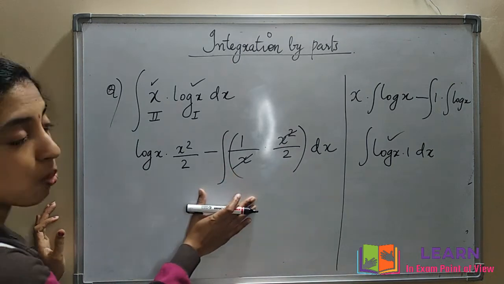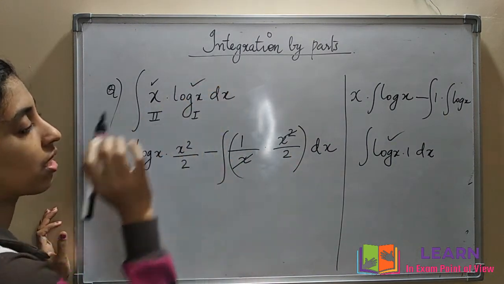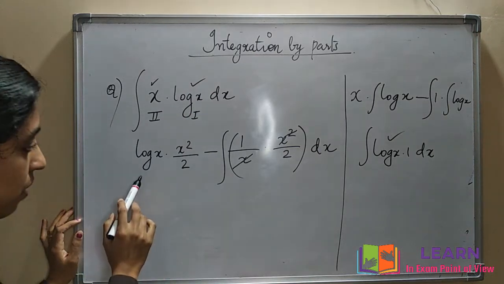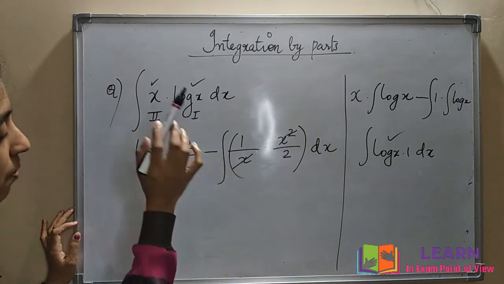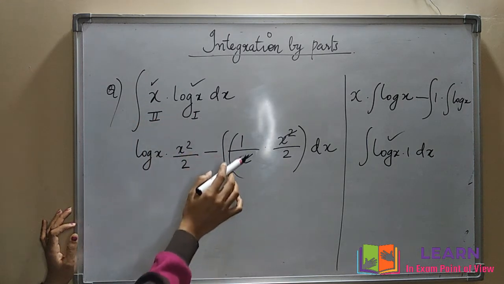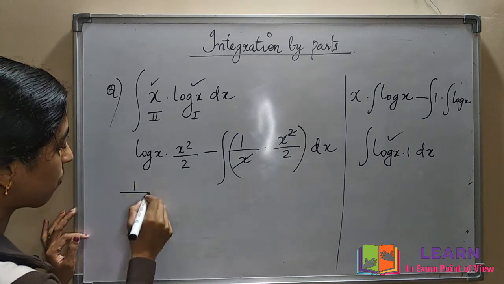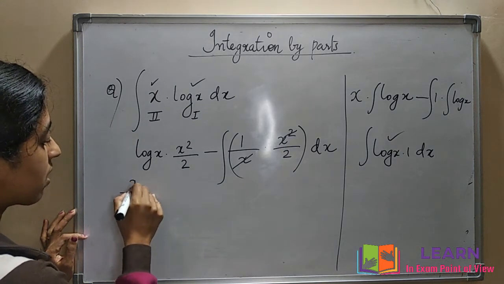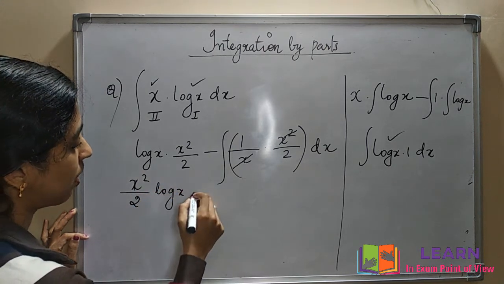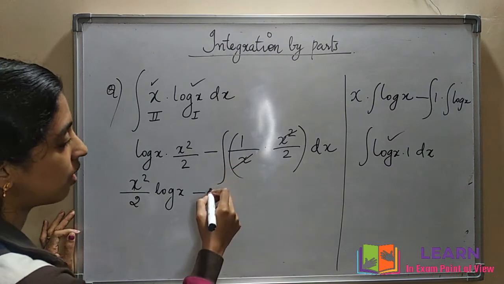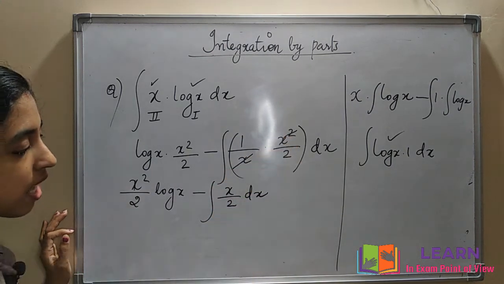So this is now easy, and again the product rule is not coming. Why? Because we are taking log x as the first term. So first term into integral of second, minus integral of derivative of first into integral of second. On simplifying, what will you get? x square by 2 you can take first, then log x minus integral x by 2 dx, since the 1 by x cancelled.